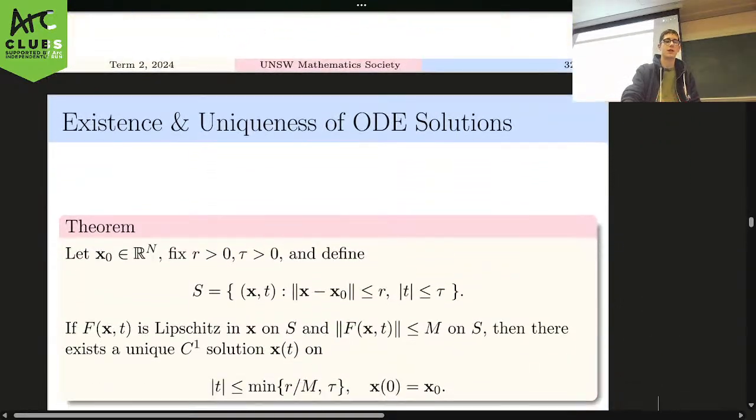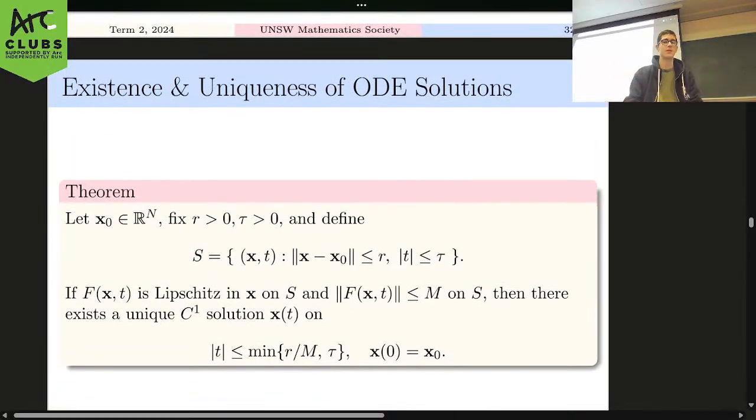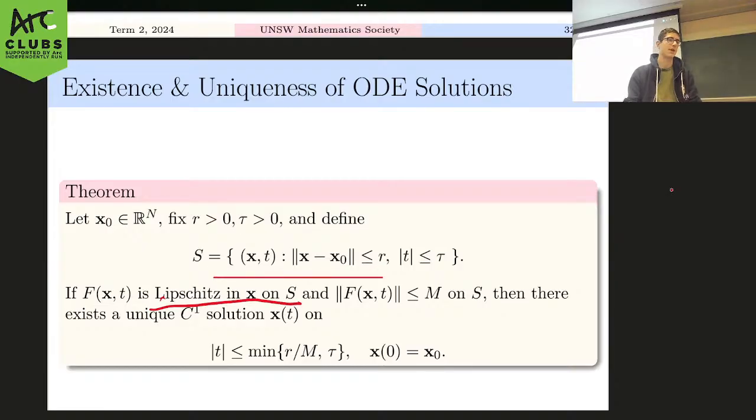Cool. So in terms of existence, now we can apply this idea of Lipschitz. If our function is nice enough, if it's Lipschitz on a specific set, where if you've done 2111 you remember this ball type idea with a distance from our initial position less than or equal to r, so some sort of radius, and our time bounded by tau, then there is going to exist a unique solution for time also bounded by tau and bounded by this kind of weird quotient of the radius, given that our function is Lipschitz and is bounded in this way.